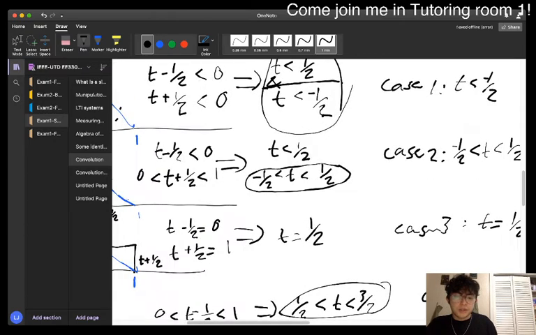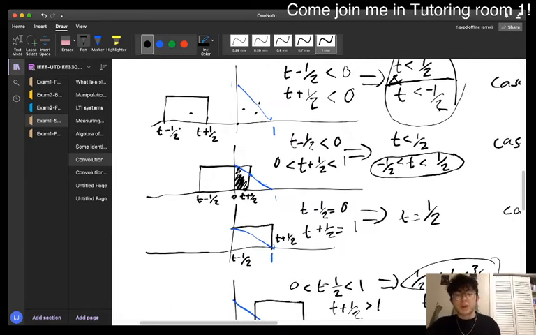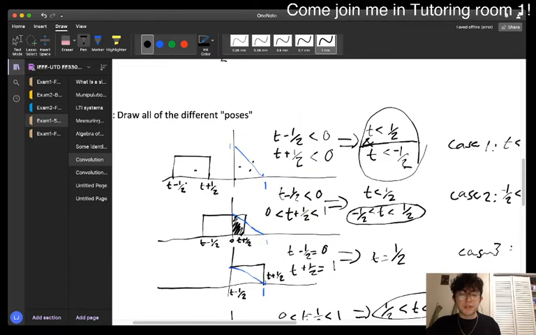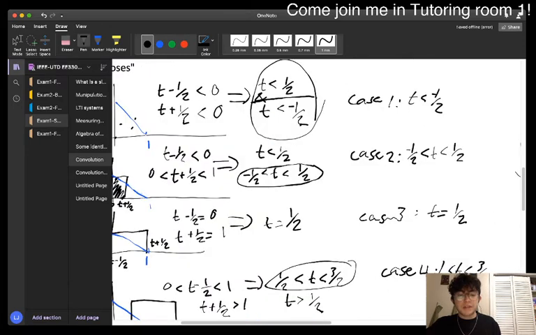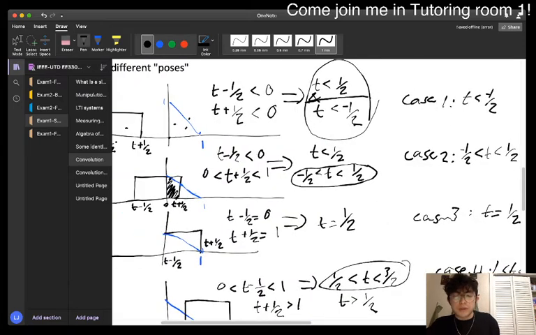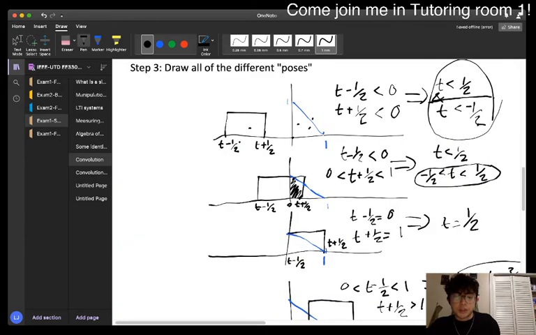So I said that g of t was the one that was shifting, right? So I'm going to write f of t is the ramp function. So f of t is 1 minus t. And notice that our shifting function is actually just 1.